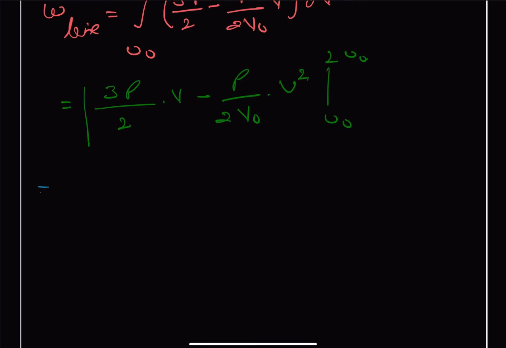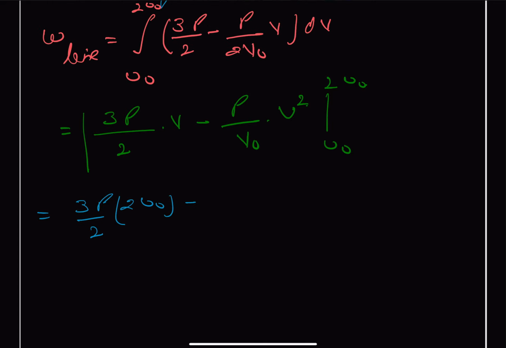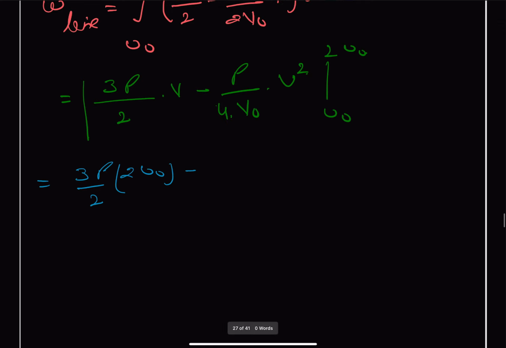So we can write this as 3 P naught by 2 times the upper limit twice V naught, minus P naught upon 4 V naught times twice V naught whole square.